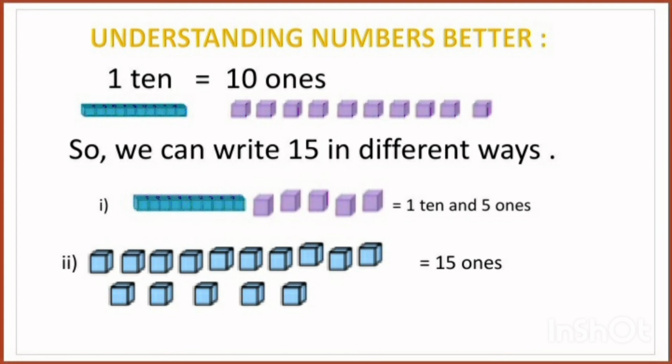Now, when we break up one stack of 10 unit cubes, you have 10 unit cubes and 5 unit cubes were already there. It means you have 15 unit cubes, that is 15 ones. Fine.